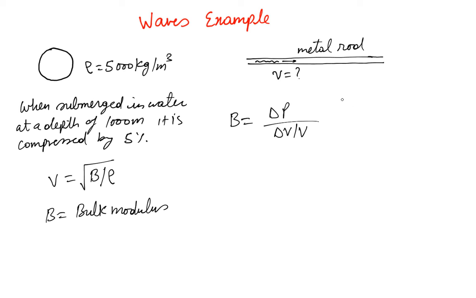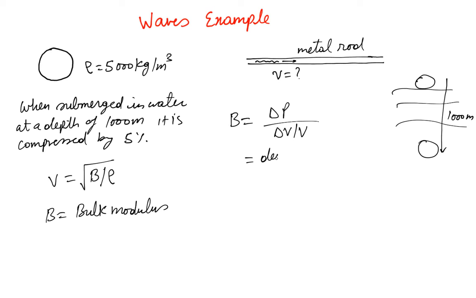So what is delta P? Well, we see this ball has been submerged downward in water at 1000 meters. So what is the change in pressure? We know that as we go down, the change in pressure is rho gh, where rho now is the density of water.